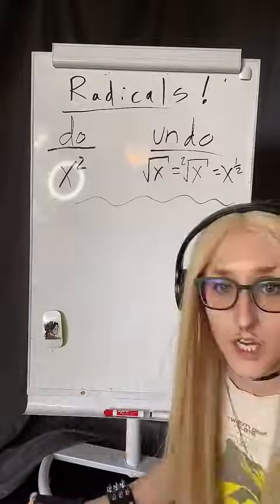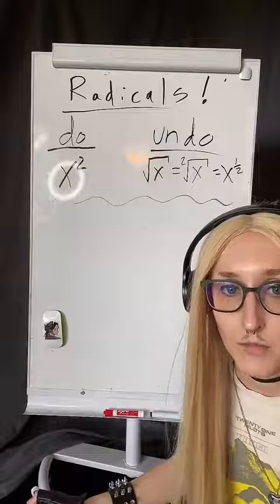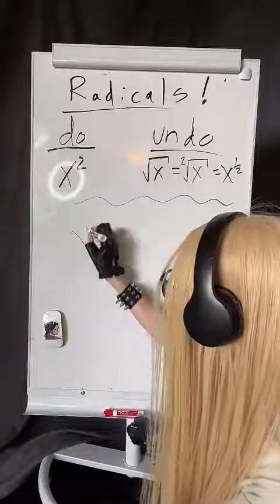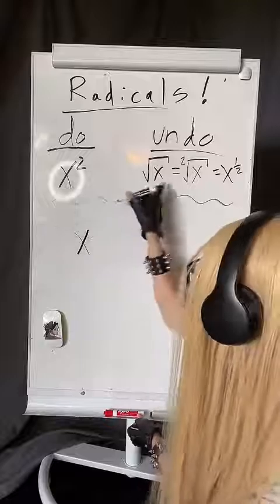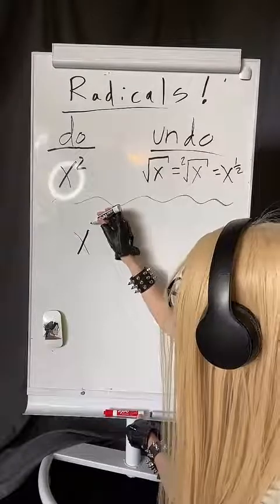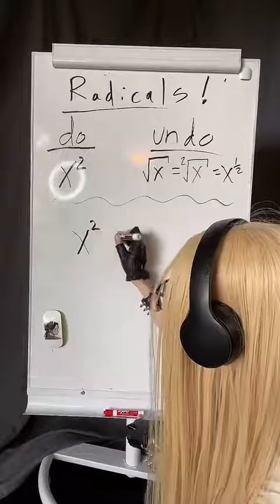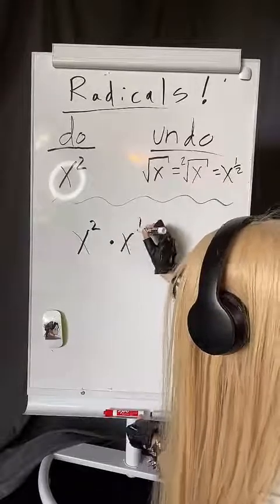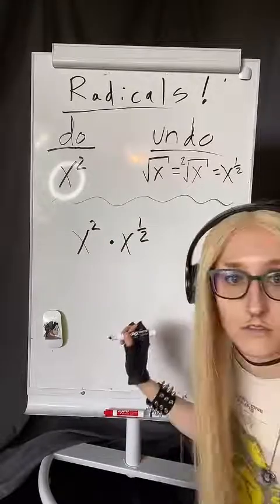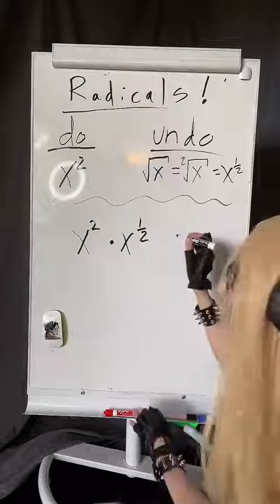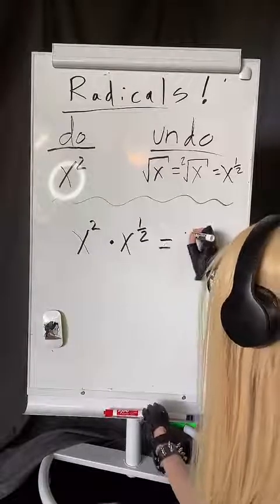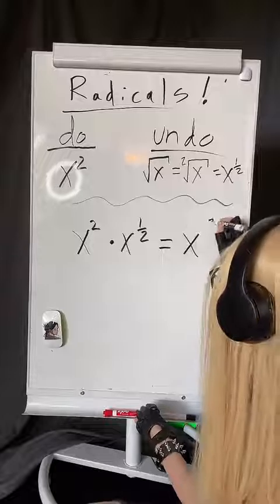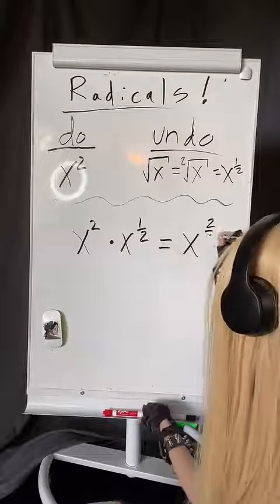If you think back to a couple times ago, we talked about some properties with multiplying exponents, right? So my goal here is for this to be undone by this. If I have 2, and then I multiply that by x to the 1/2, that ends up being 2 times 1 is 2 over 2.